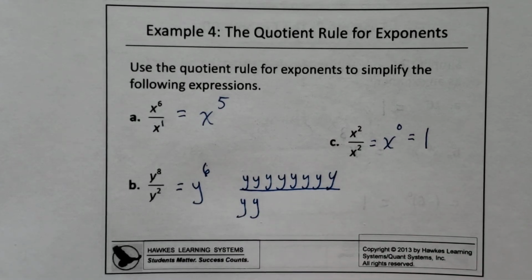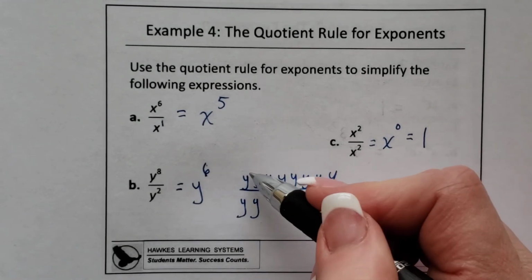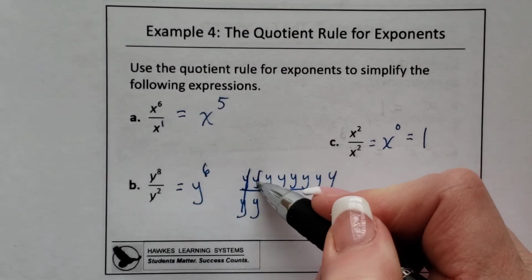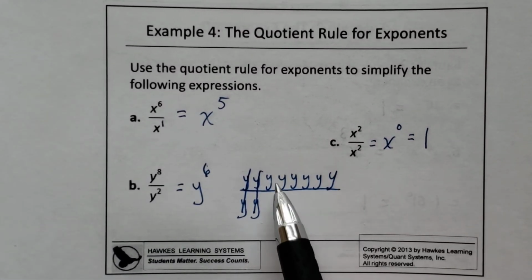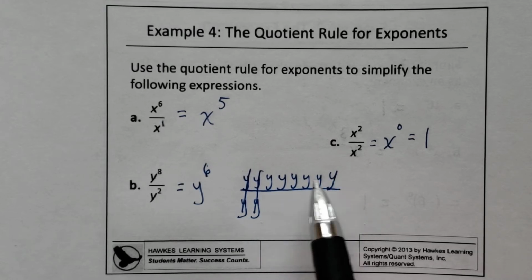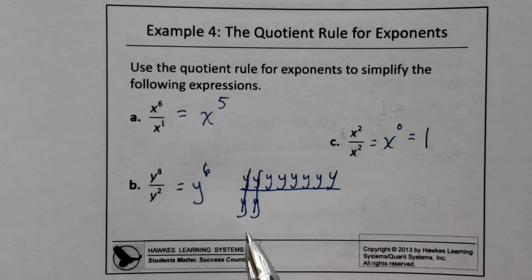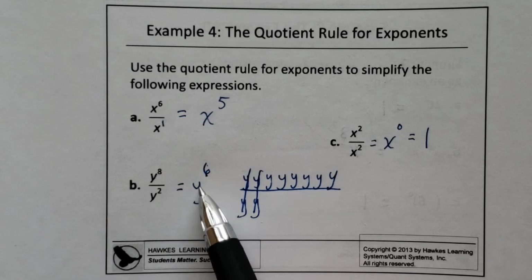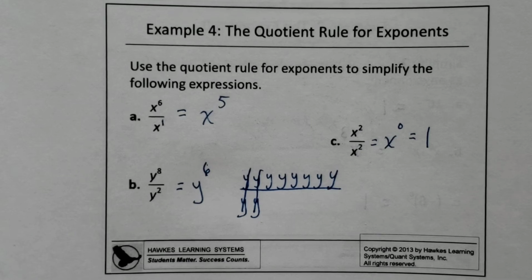Well, you can always simplify on top and bottom, so those two go away, these two go away, and what would we be left with? We would be left with 1, 2, 3, 4, 5, 6 y's on the top, and so our answer would be y to the 6th over 1, which is just y to the 6th.